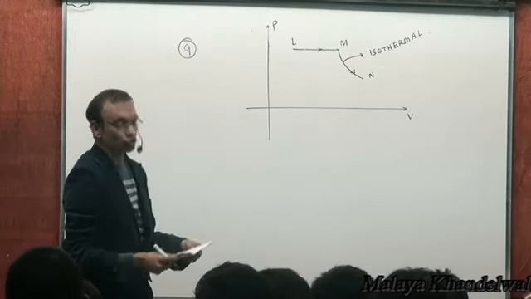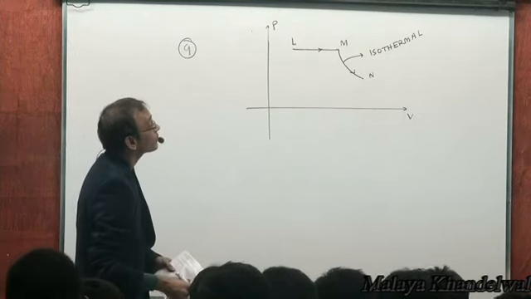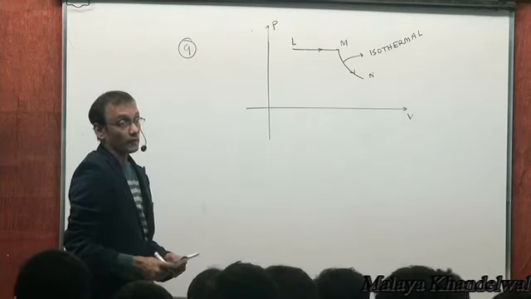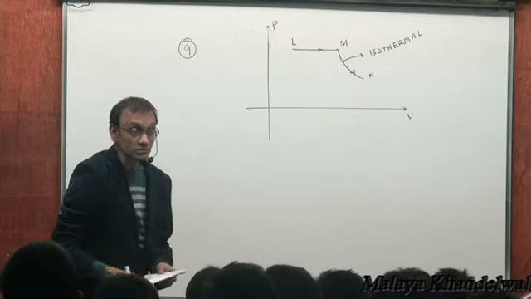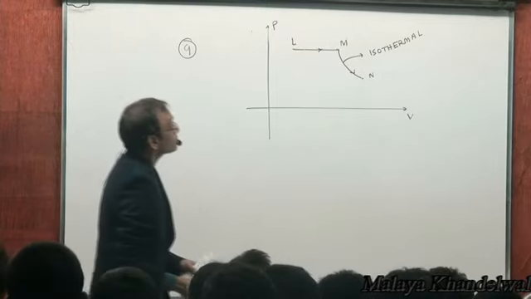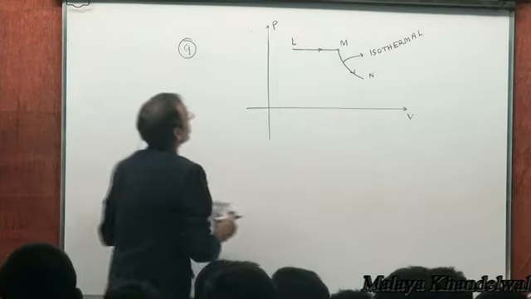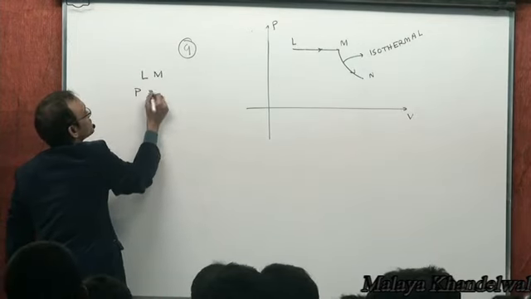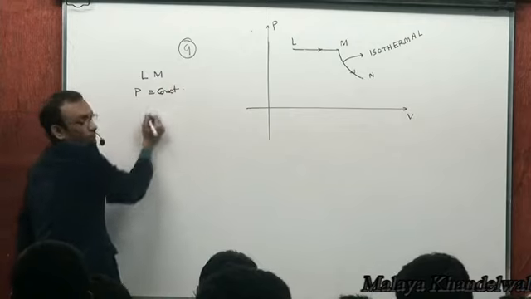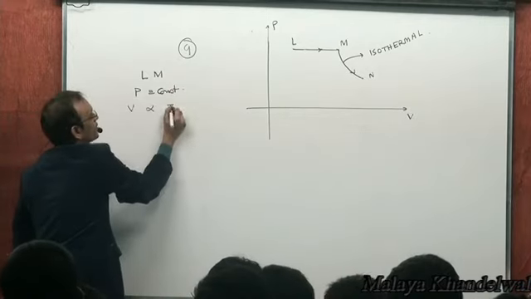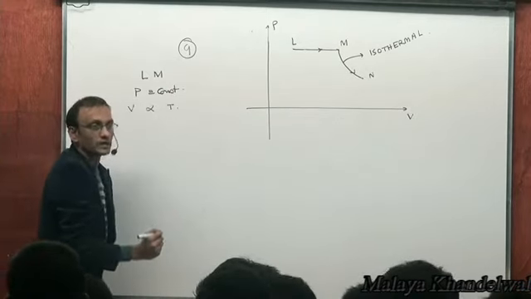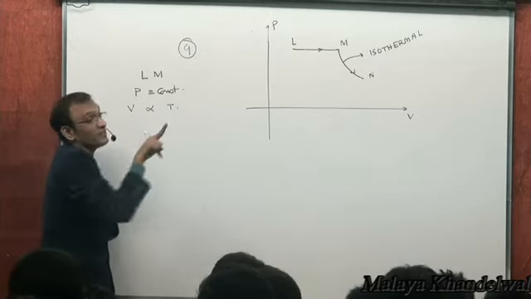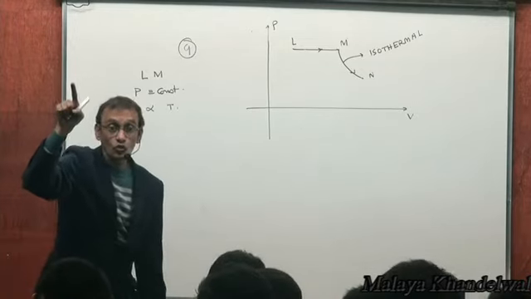You want to draw the temperature volume graph. Option B. Yes. See, realize in the process LM, P is constant. So V will be proportional to T. So V versus T will be a straight line passing through the origin.